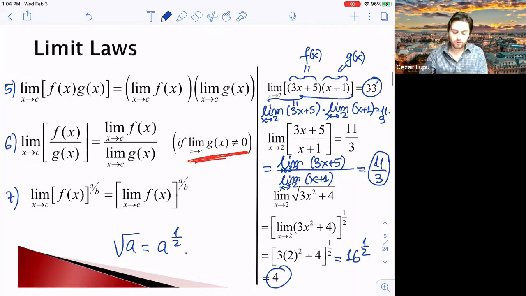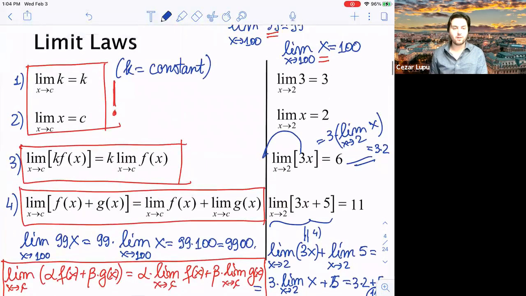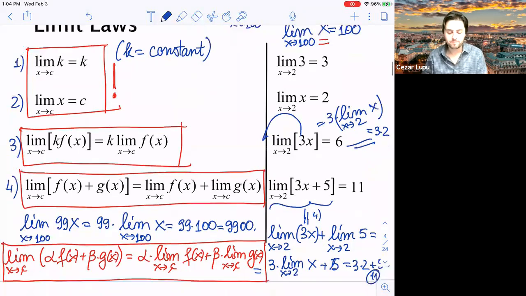So these are the laws, keep these in mind. The 7 laws: once again, you have a constant, no problem, the limit will be that constant. You have a constant times a function, no problem, you take the constant out. If you add 2 functions and want to take the limit, no problem: the limit of the sum is the sum of the limits.